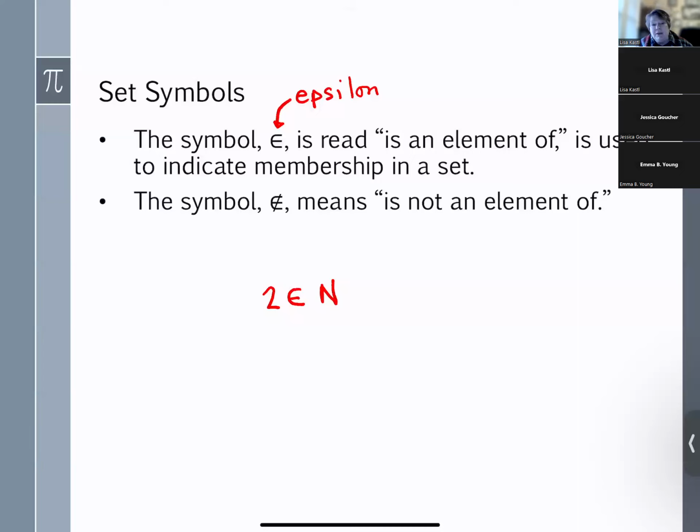So if you put a line through the Greek letter epsilon, it's saying "is not an element of." So for example, -2 is not a natural number. The natural numbers are the counting numbers, start at 1 and continue indefinitely to the right. So we could write -2 is not an element of the natural numbers. It is an element of the numbers called the integers, which we'll talk about in just a minute. But it's not a natural number. Negative numbers are not natural numbers.